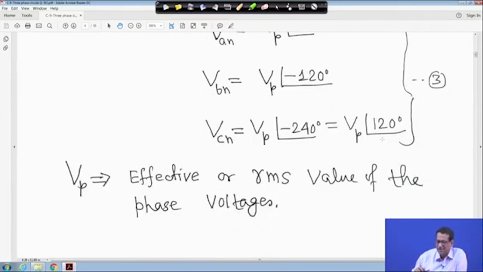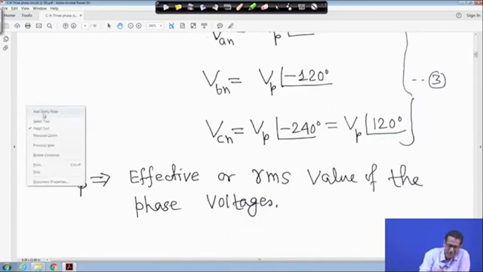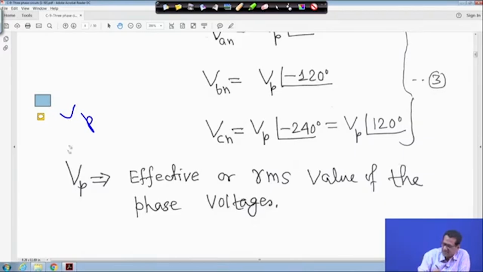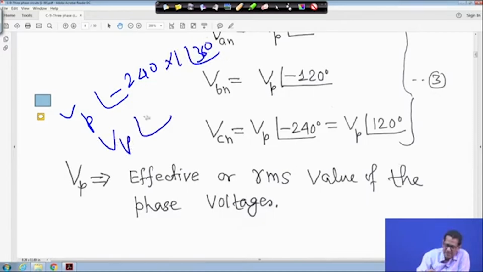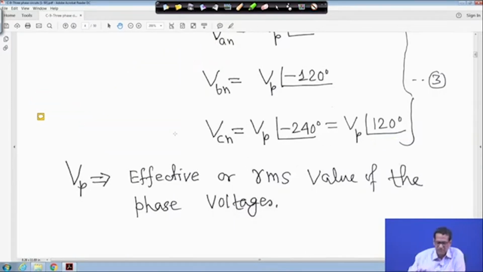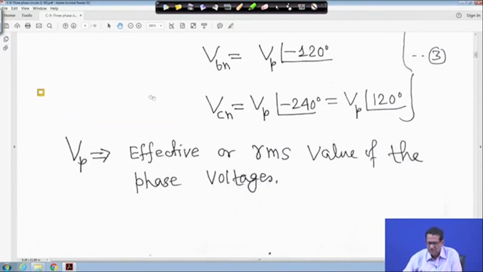VP angle minus 240 degree, suppose it is multiplied by 1 angle 360 degree, then adding these two it will be VP angle 120 degree. So basically VCN is leading by 120 degree.